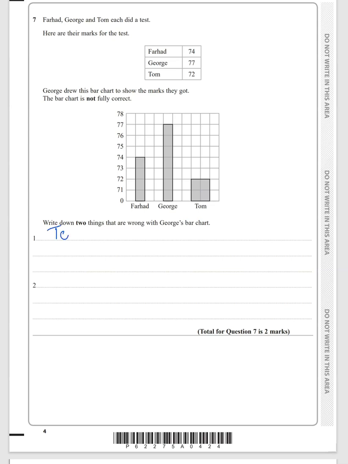So Tom's bar needs to be 1 square wide. What else is wrong? We've got no labels and the scale. Look at this, 0 to 7, 1, 2, 3, 4, 5, 6.